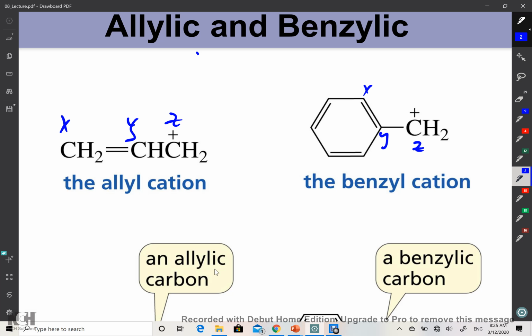Does that make sense? Now, for allyl cations, in order to draw the resonance structure, there is a particular way the arrows move.